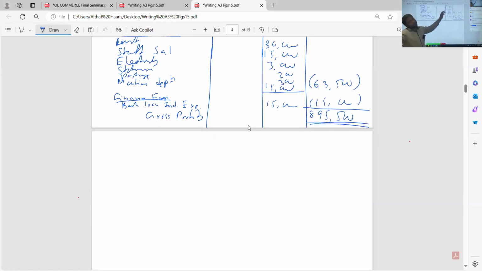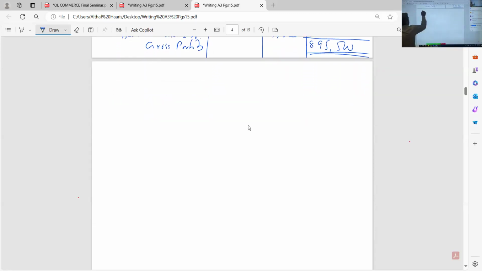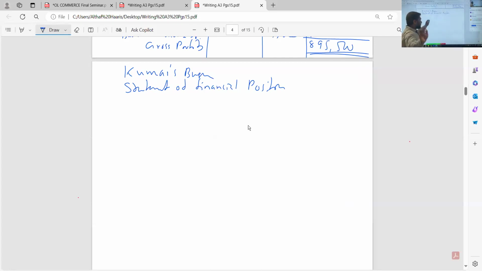Last part. The balance sheet. Kumara's business statement of financial position as at 31st December 2023. Another 10 minutes done.